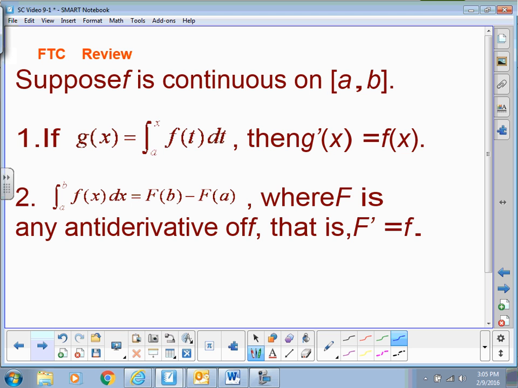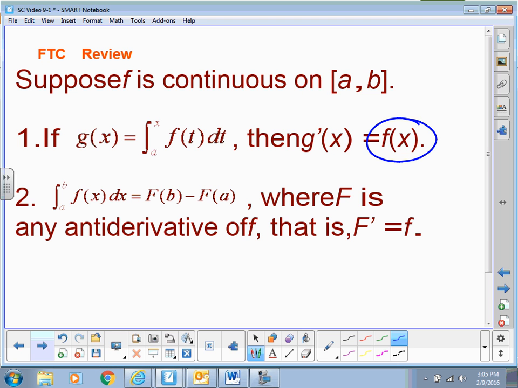So, a review of our two fundamental theorems of calculus, both parts. The first part: if you're taking an integral of some function, and then you take the derivative of it, you just end up right back at the beginning.